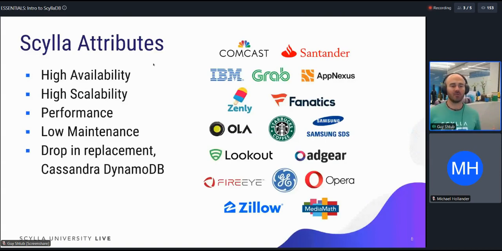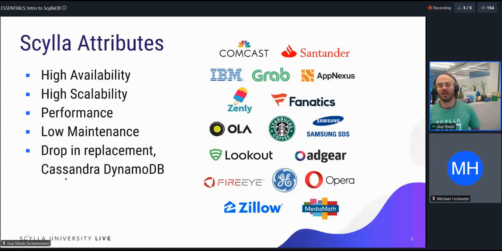If you're coming from an Apache Cassandra background, then you probably had some experience trying to configure and tune garbage collection, and you would also see spikes in performance. With ScyllaDB, you don't have to worry about that. It's written in C++ and not in Java, so you don't have to worry about garbage collection.